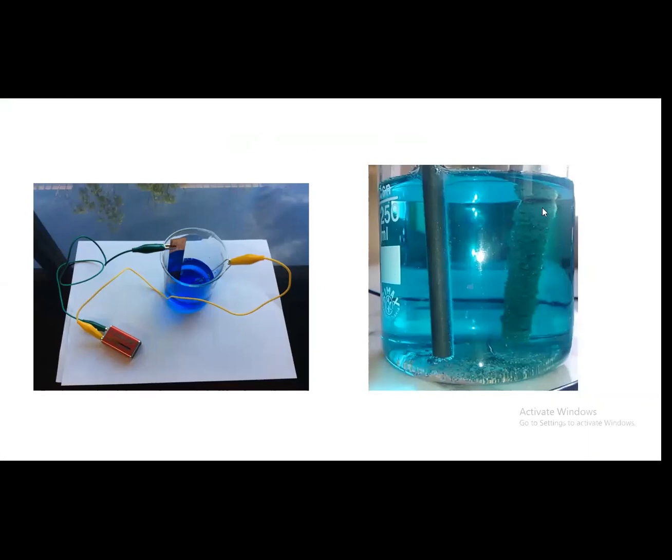On the right-hand side, you can't really see it, but there's supposed to be a reddish or brownish substance that forms. The brown substance that forms is the copper, and the bubbles that are formed are the chlorine gas. Did you guys know that chlorine isn't a liquid in its nature?